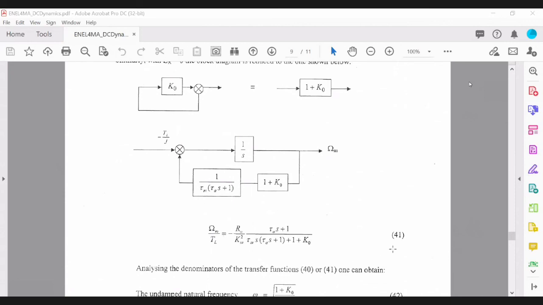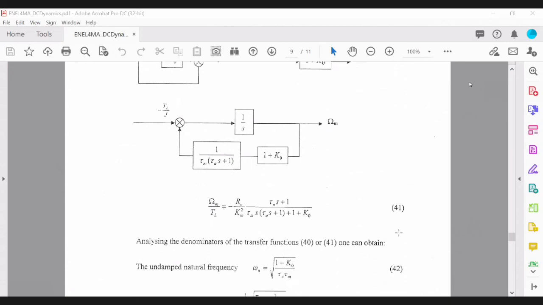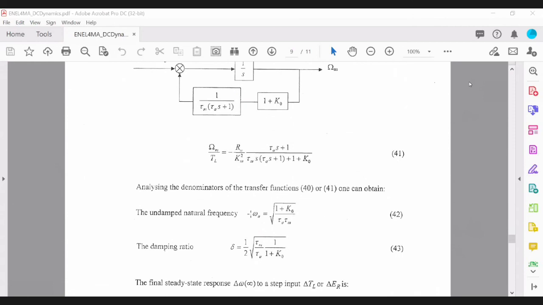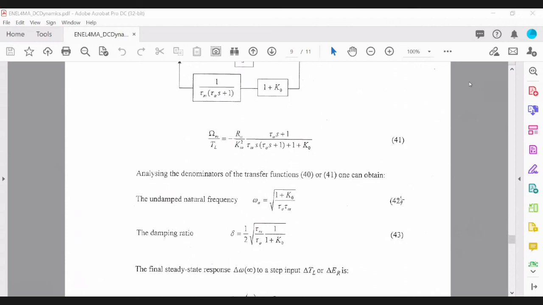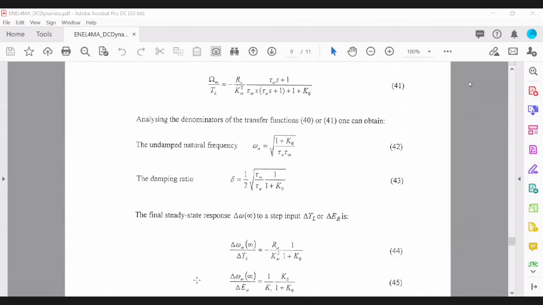From equation 41, we can write the undamped natural frequency of this system, omega n, and also the damping ratio, delta. Equations 42 and 43 describe the natural undamped frequency and the damping ratio.